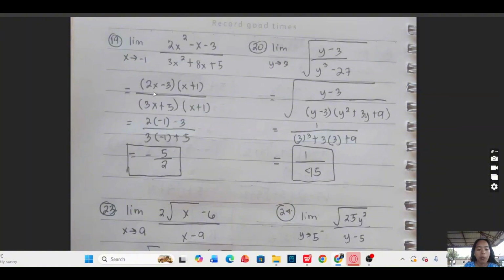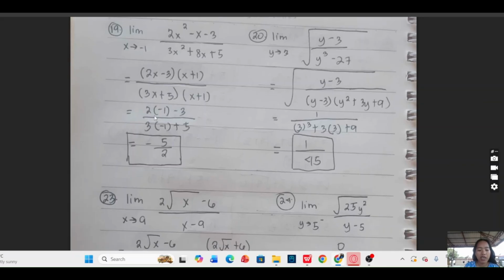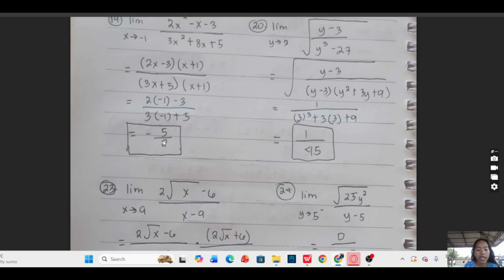We can cancel x plus 1 and x plus 1 since they are the same, and we will be left with 2x minus 3 over 3x plus 5. Then we change x into -1, so the expression is 2 times -1 minus 3 all over 3 times -1 plus 5, and that would be equal to -5 over 2.